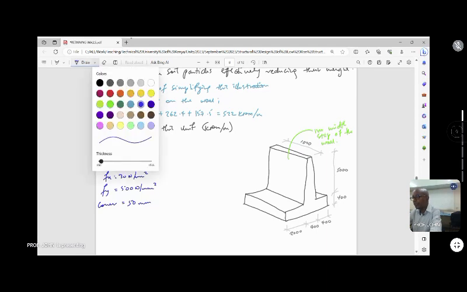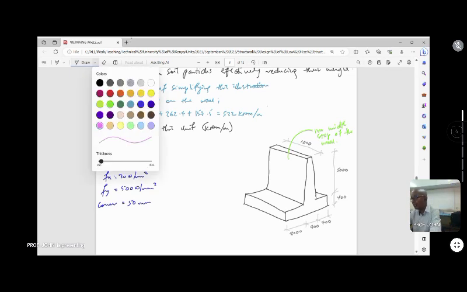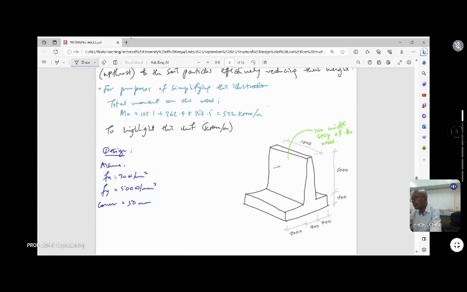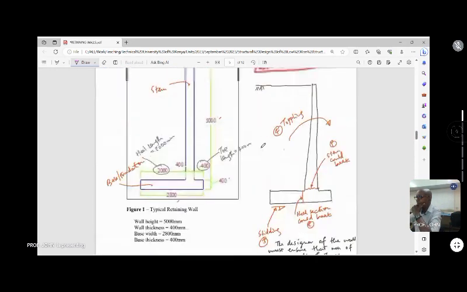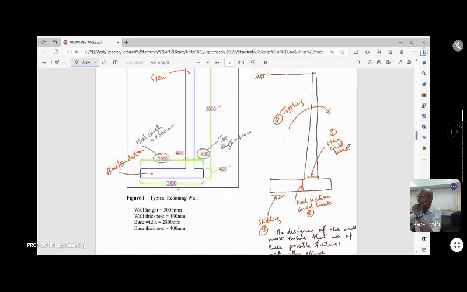Now, we said that the wall is being pushed that way. Some pressure is pushing the wall. We say the wall could fail by the stem breaking, the heel breaking, sliding, or toppling as a whole.